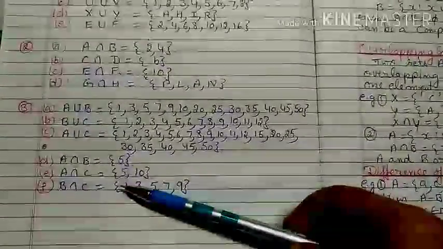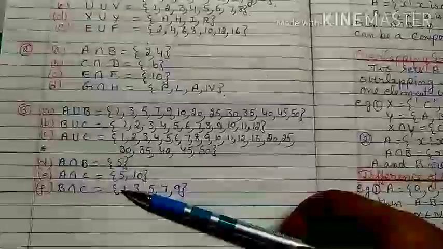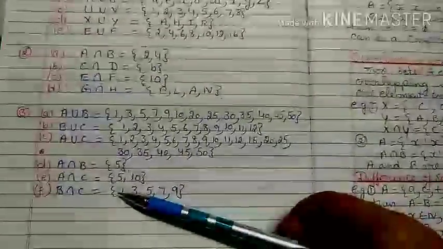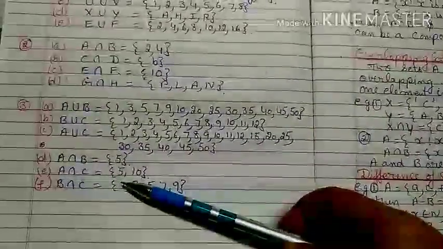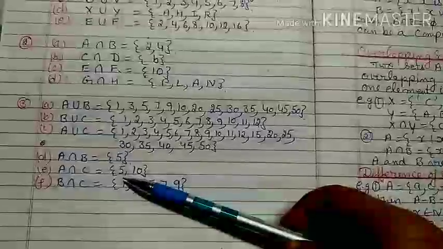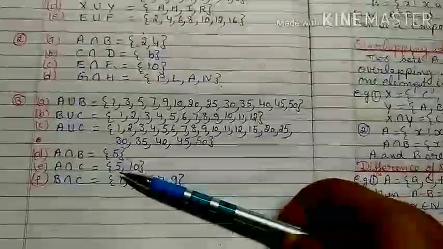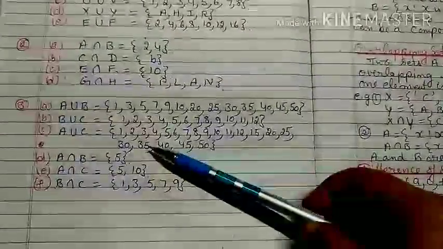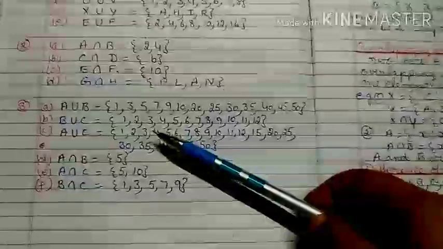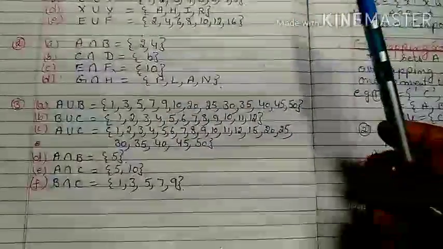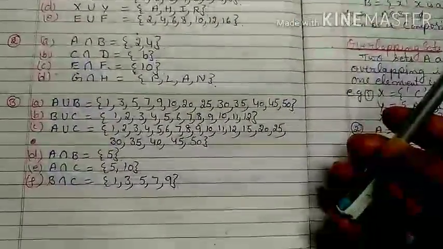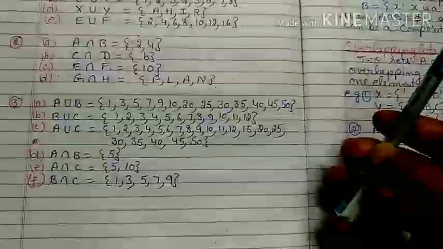A set is represented as 5n, where n is less than or equal to 10. It means under n you have to consider all the elements 1 to 10, and when each number from 1 to 10 is multiplied by 5, that is a multiple of 5, that is set A. B set is the odd numbers 1, 3, 5, 7, 9.